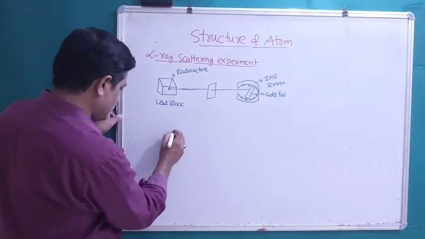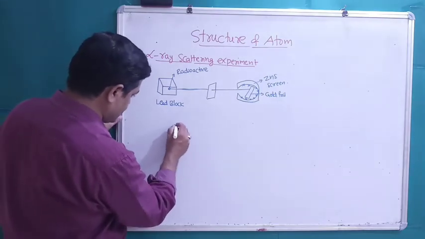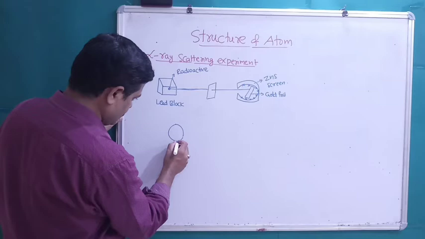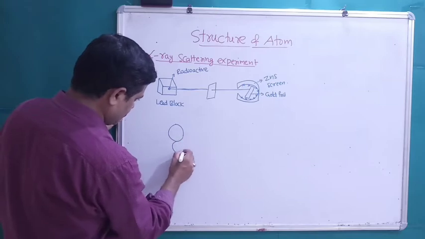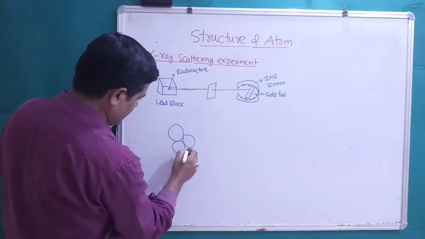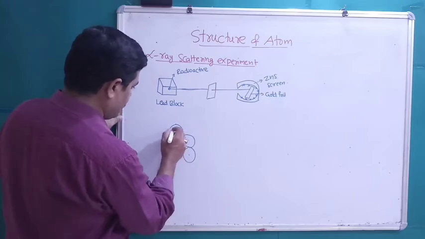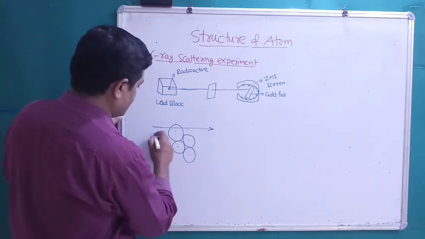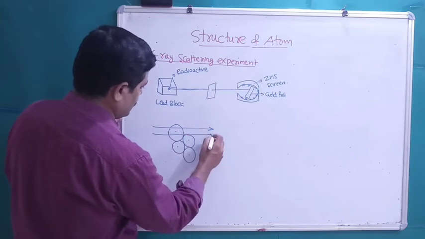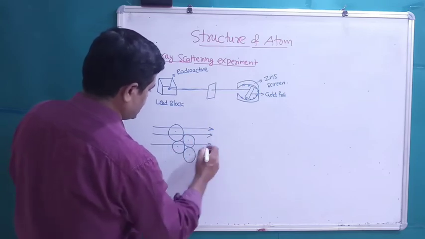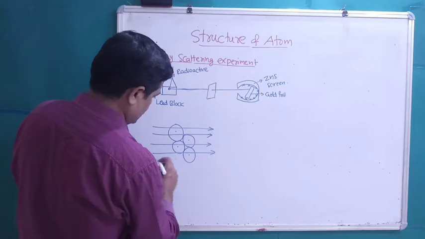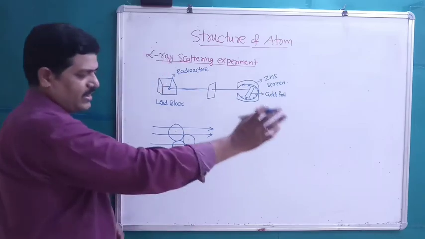If you consider these as the gold atoms, most of the alpha particles passed through the gold foil without deviation, going straight.